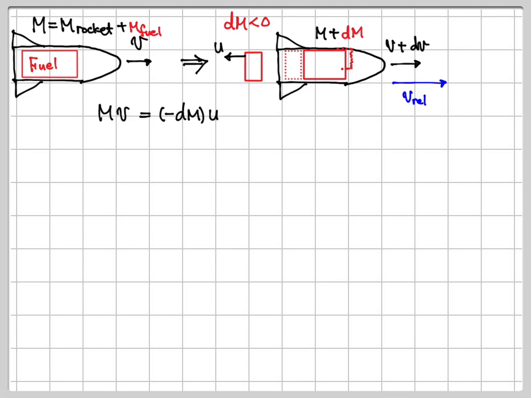Keep in mind that dm is a change in mass, which is negative. So in order to find the mass of the fuel, we need to have a negative dm. Momentum of the rocket after thrust is m plus dm times v plus dv.